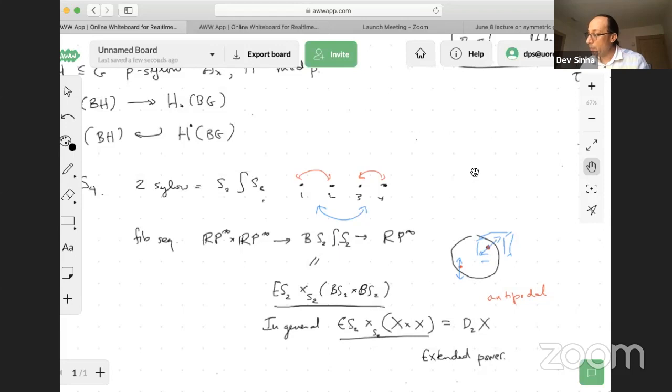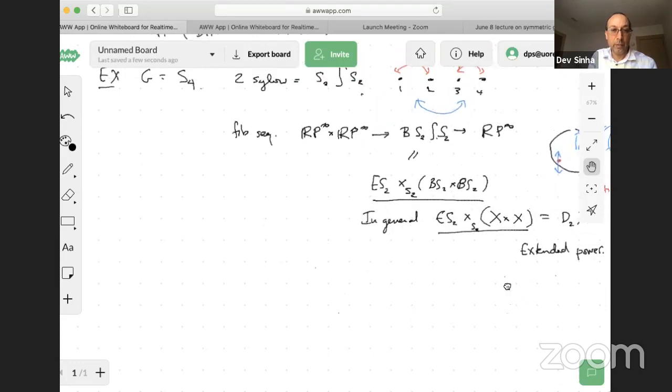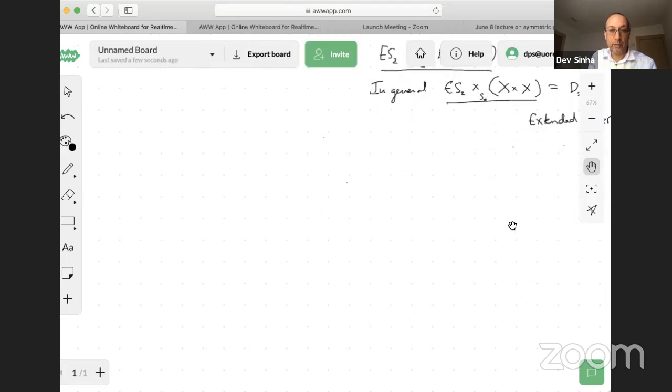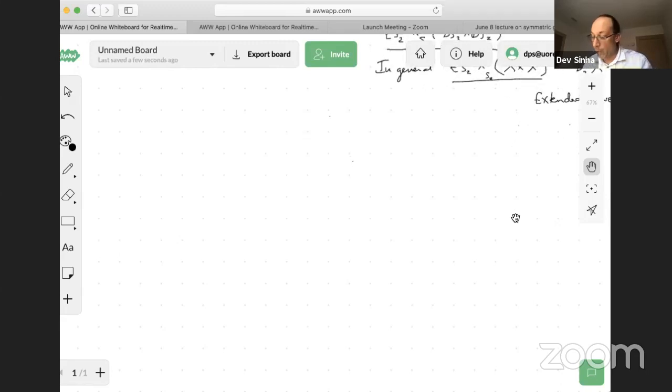And so what we can do is talk about in general what is the homology and cohomology of the extended power? So this is very much a part of the story of both homology, cohomology of symmetric groups, and then also why they have such importance in topology in general, because again, this is part of the story of Steenrod operations.